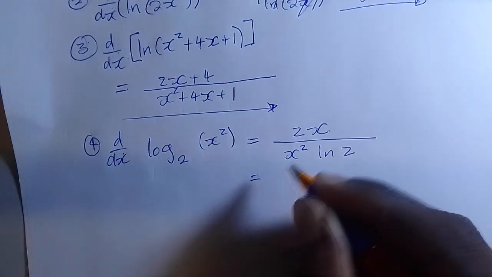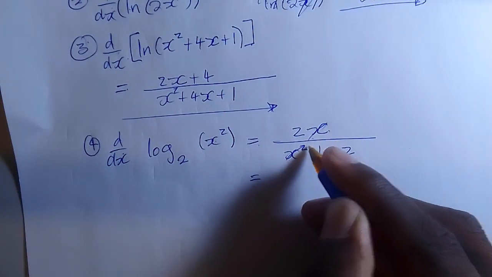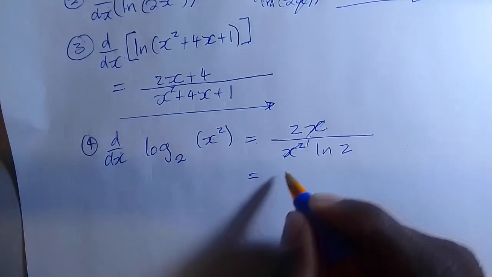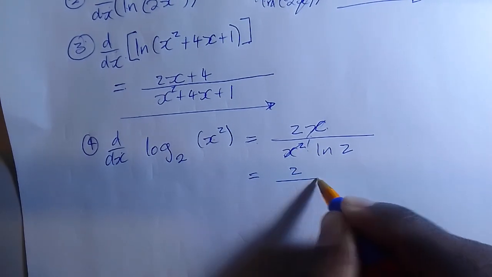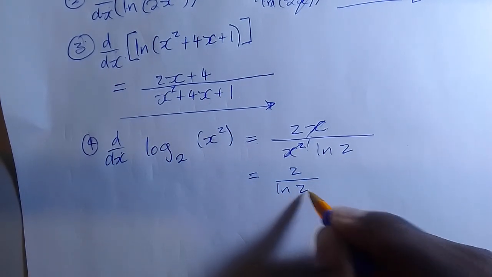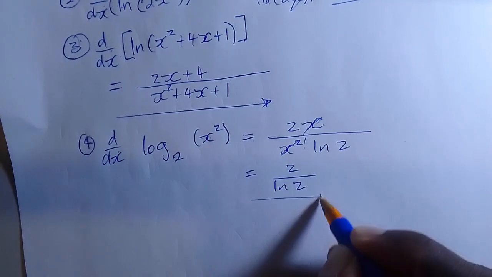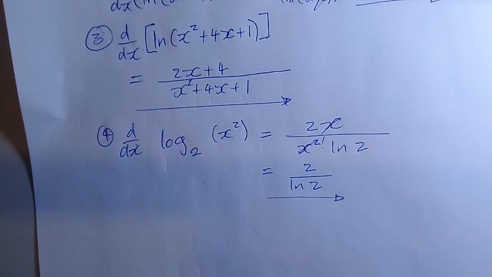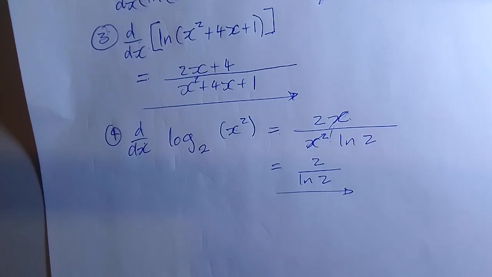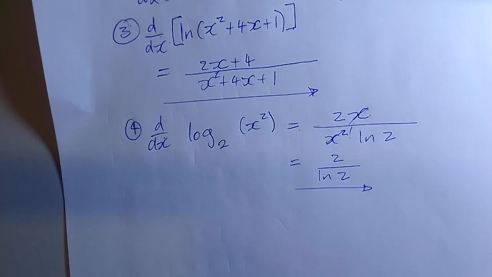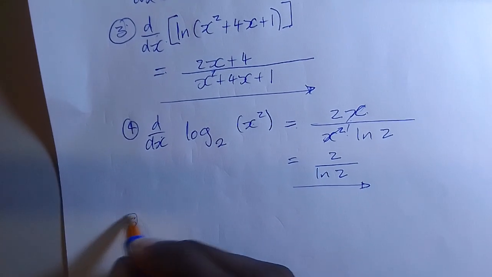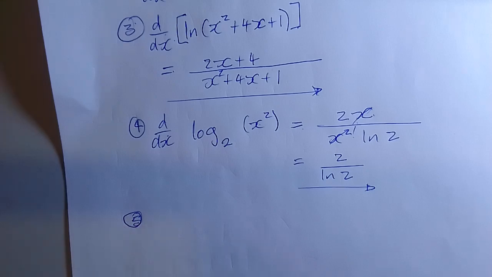You can further simplify, say x goes into x squared, and now you have 2 over ln 2. I'm reasonably confident there's another way to simplify this further on, but I don't think it's worth the hassle, since it didn't pop out my head immediately.